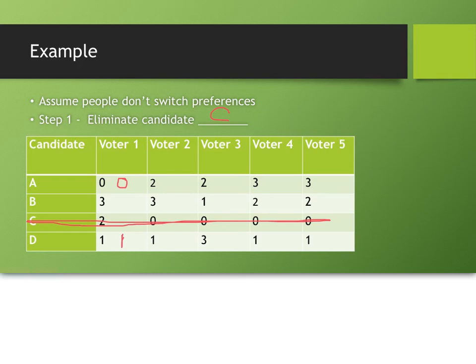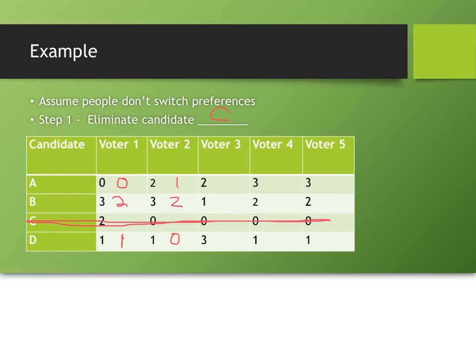Now, since we had 4 candidates before, we ranked from 0 to 3. Now that we have 3 candidates, we have to re-rank them from 0 to 2. Okay? So voter 1 would say A is 0, D is 1, B is 2. Voter 2 would say D is 0, 1, 2.